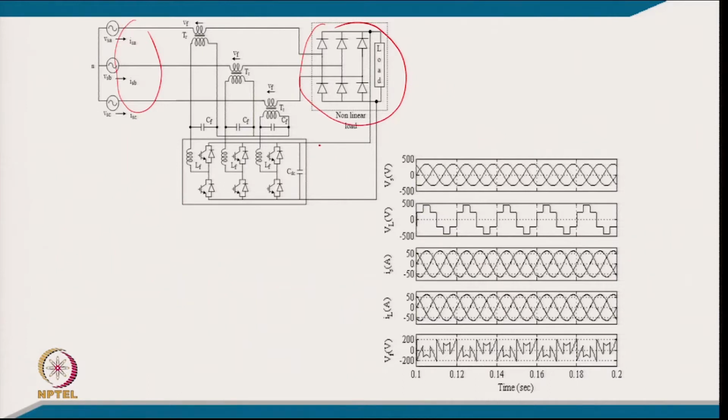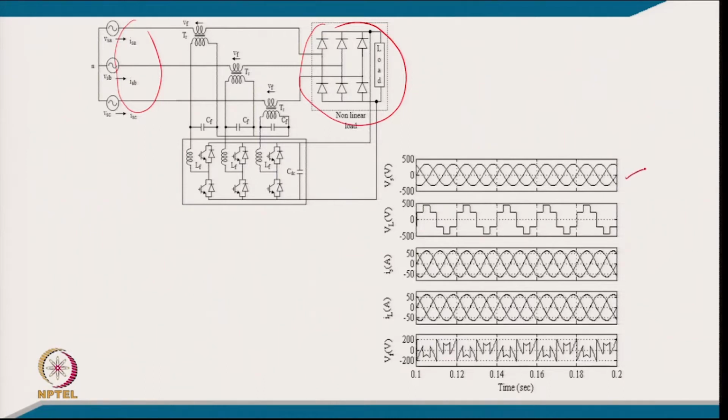Another is to regulate this voltage, which is the common voltage of the load and DC link, at 650 volt by appropriately injecting a suitable voltage in series with the line. After making a model of this whole system with the data given in the problem, the whole system is simulated, and these are the typical waveforms.